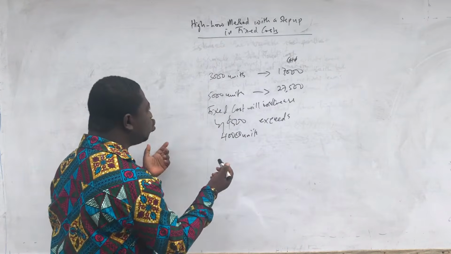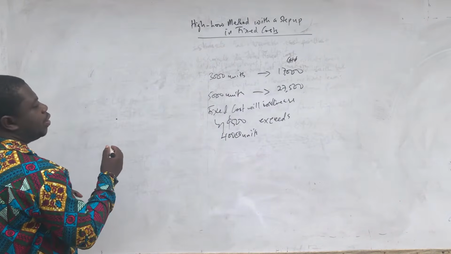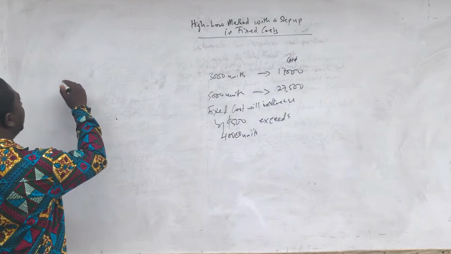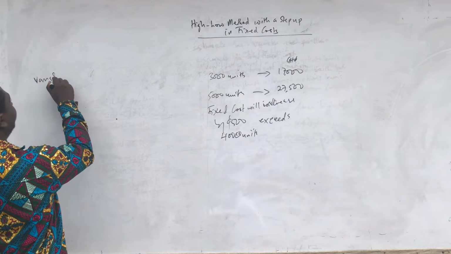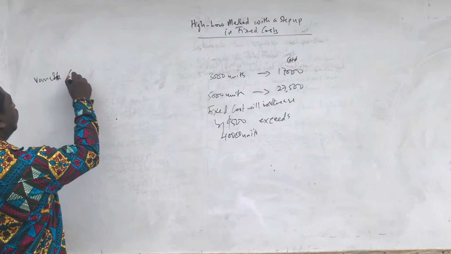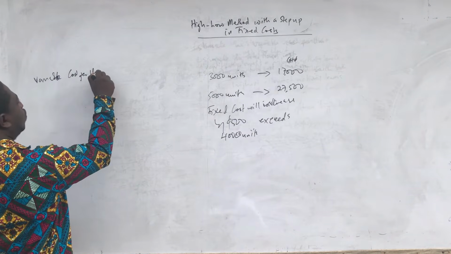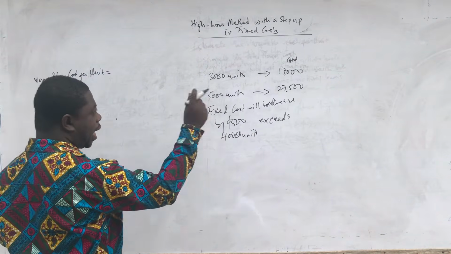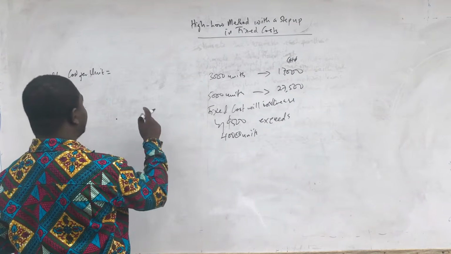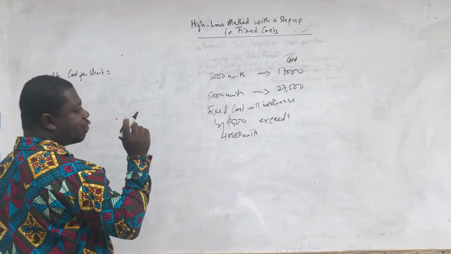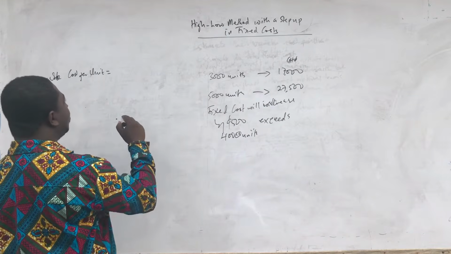And if we choose to go by the increase, taking out from the increase, then it means that for the purpose of getting your variable cost per unit, we know that it is the high cost minus the low cost over the high activity minus the low activity. And so instead of saying 27,500, we are taking out the increase of 500.